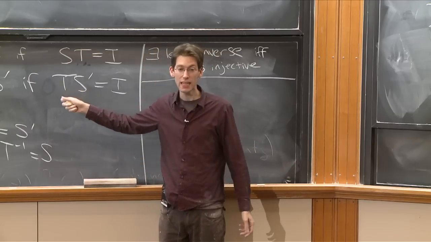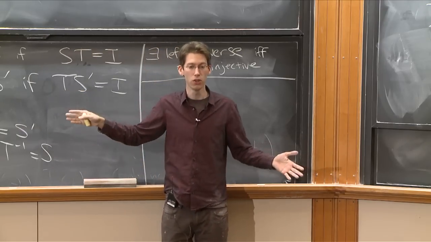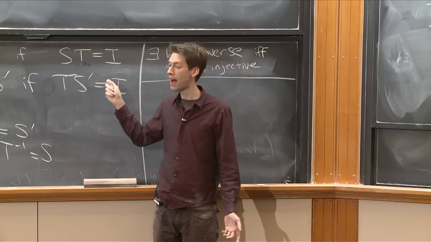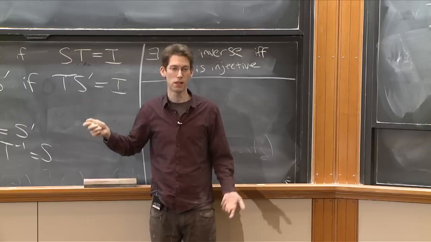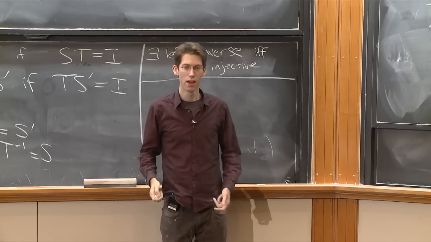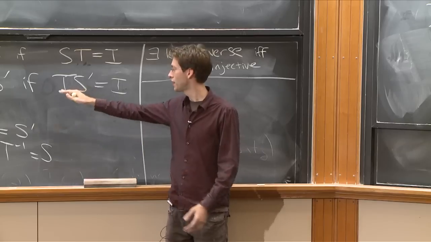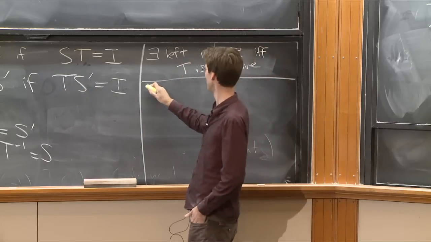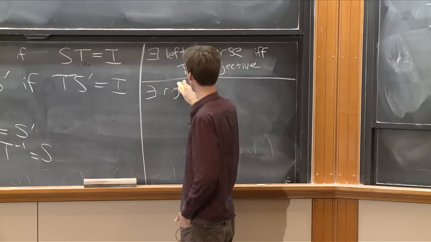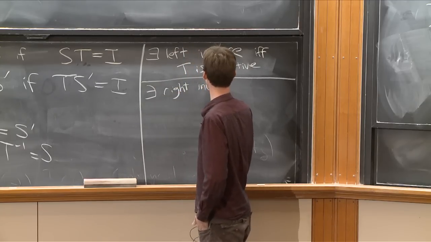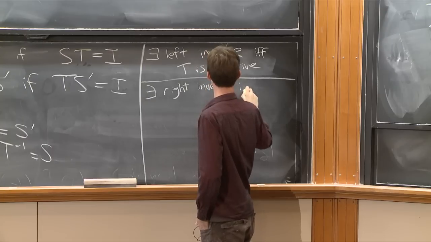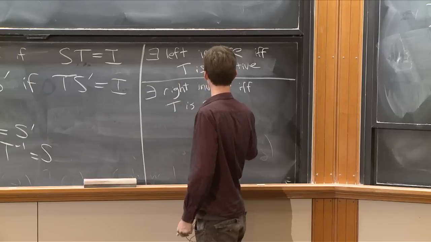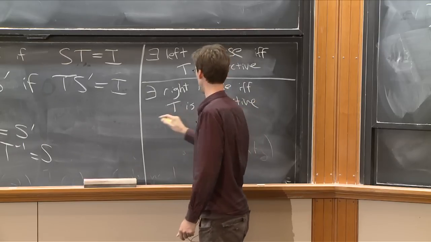The output of T had better cover all of our possibilities if we want to achieve identity by multiplying T by something on the right. So any guesses for what the condition is for having a right inverse? Surjective, right. So there exists a right inverse if and only if T is surjective.